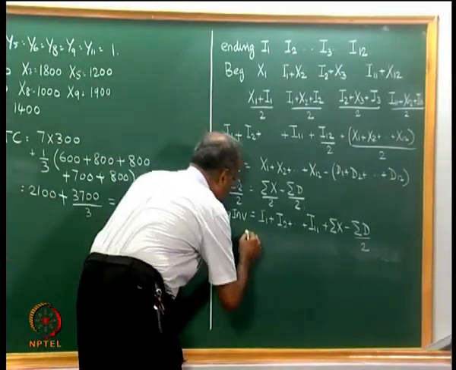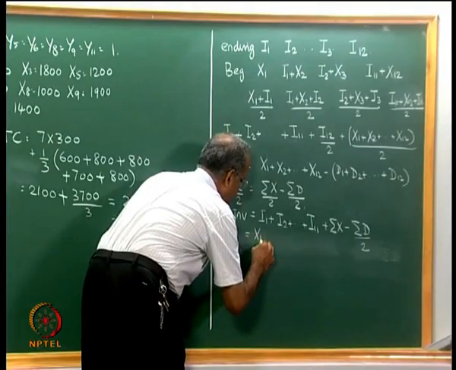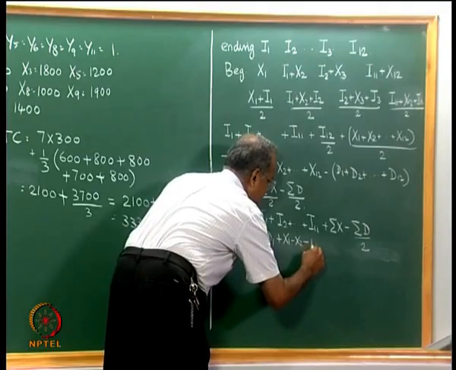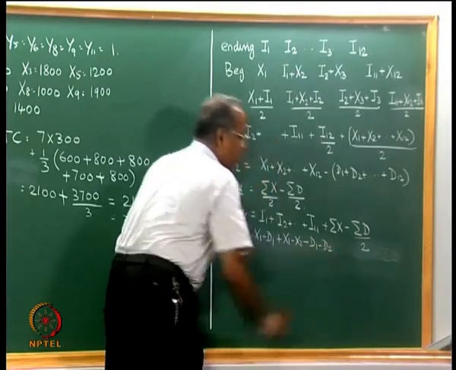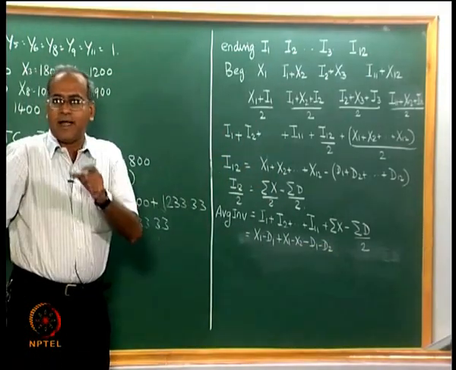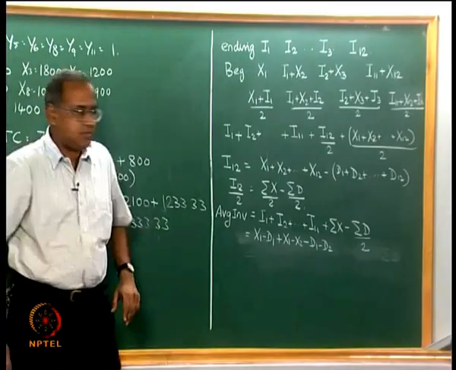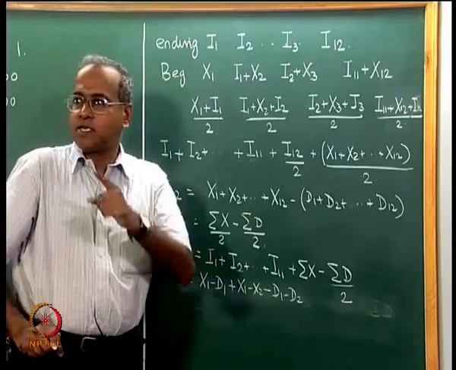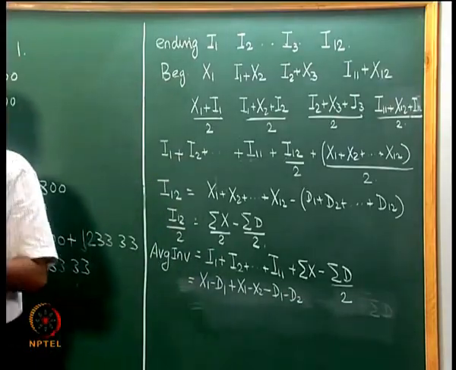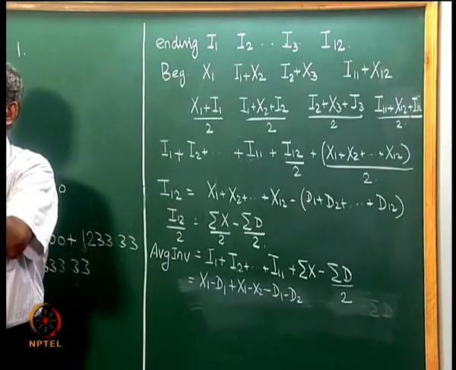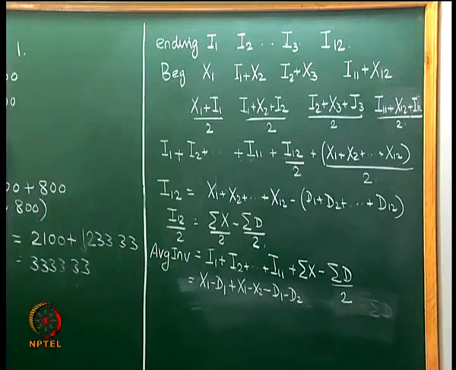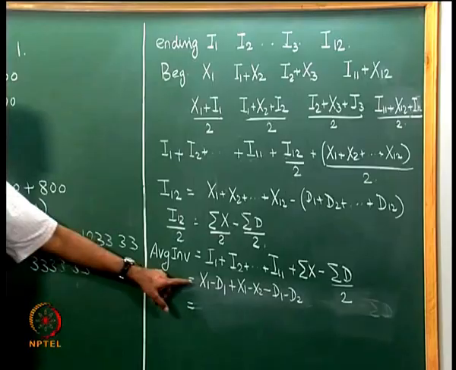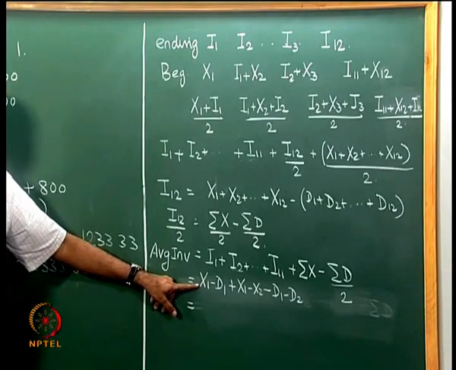So, this will become x1 minus d1 plus x1 plus x2 minus d1 minus d2. We get up to 11 terms, so the 12th term will not be there. The 11th term will be x1 plus x2 to x11 minus d1 minus d2 up to minus d11. On simplification, x1 will come 11 times.